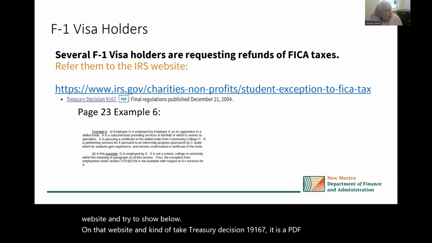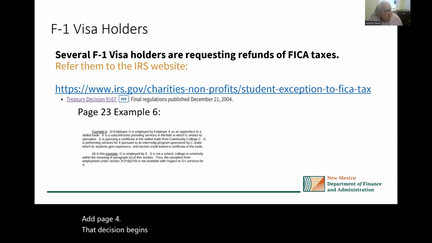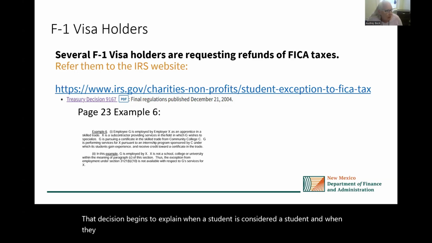Page 4 of that decision begins to explain when a student is considered a student and when they are considered a career employee.